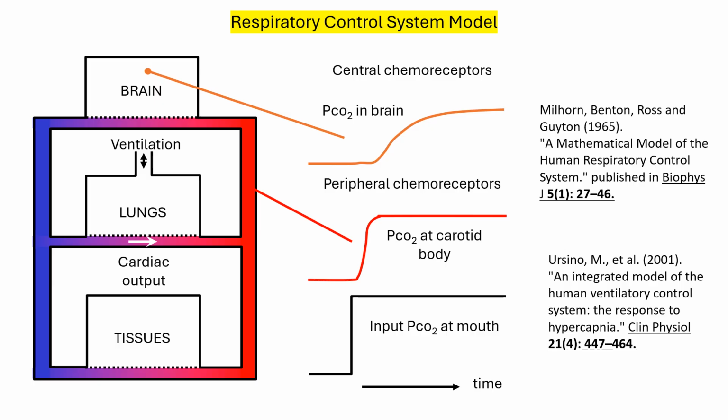Consequently, as CO2 increases to stimulate the central chemoreceptors, blood flow also increases to wash out the compartment CO2. Thus, the ventilatory response to CO2 mediated by the central chemoreceptors is attenuated. This counterproductive interaction seems counterintuitive.